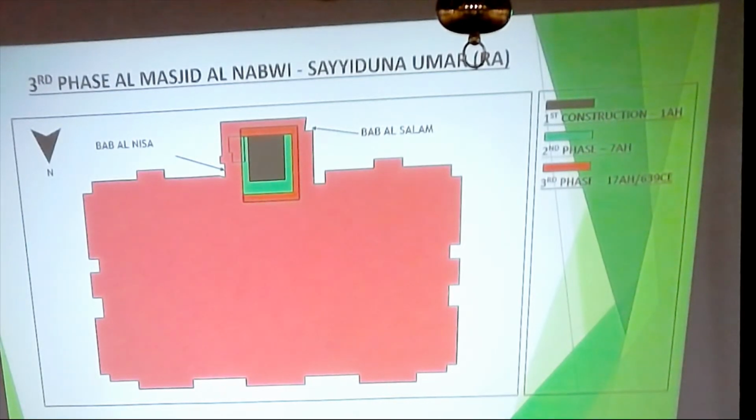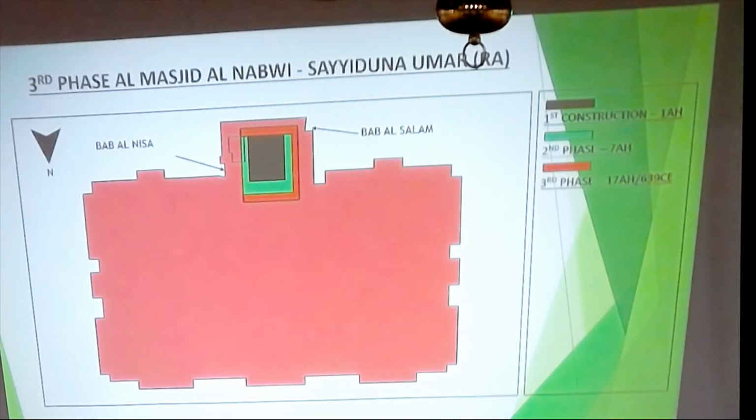You have to enter through this door. And the other door which was added was Babul Salam. And this door is the door which you enter, gate number 1, when you're going to say Salat and Salam to Rasulullah sallallahu alaihi wasallam. These 2 doors were added by Sayyidina Umar radiallahu anhu.